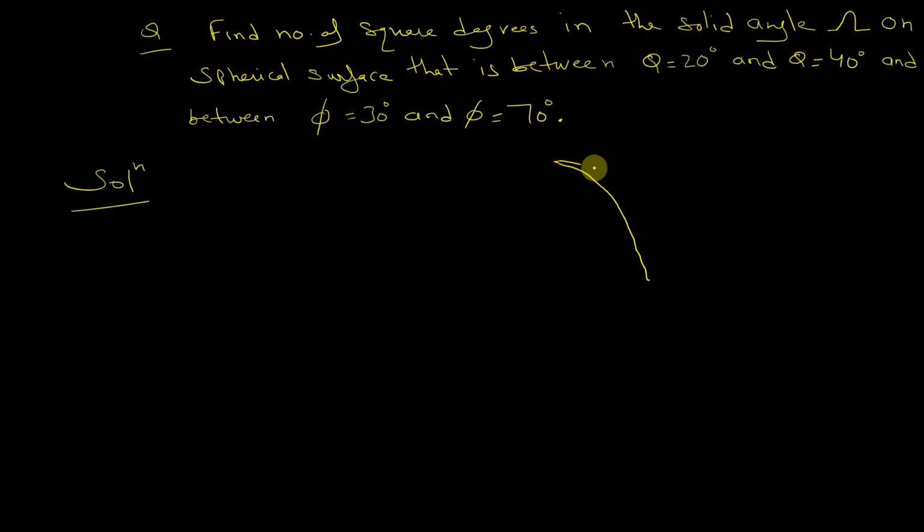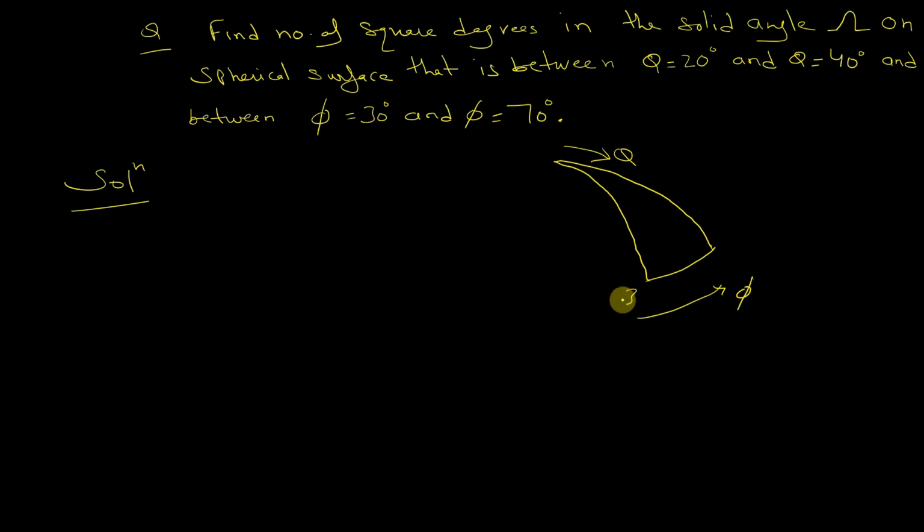If we draw it, this is the variation of theta and this is the variation of phi. Theta varies in this direction and phi varies in this direction.